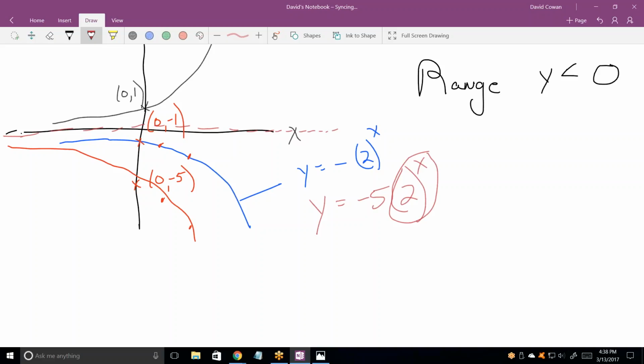In other words, it never touches the x-axis, but it's asymptotic with it. And so the range is indeed y is less than 0, but not less than or equal to. There's no way to make y 0. No matter what you make x, y never touches the x-axis.